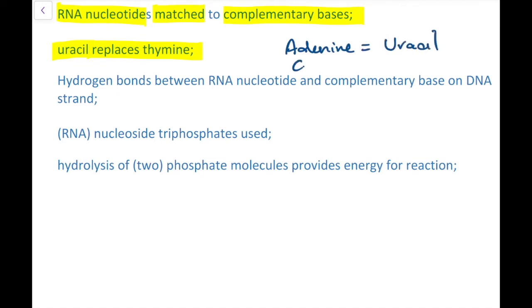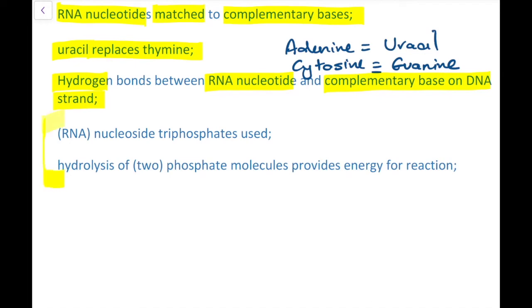The other ones would be the same, cytosine, and it's 3 bonds to guanine. And it's the hydrogen bonds between the RNA nucleotide and the complementary base on the DNA strand that hold them together. If you're answering this question, you could draw diagrams to show this and label the hydrogen bonds.